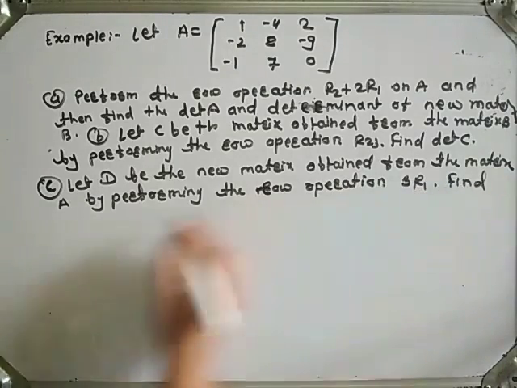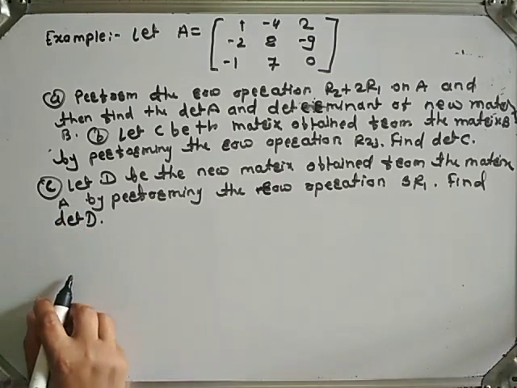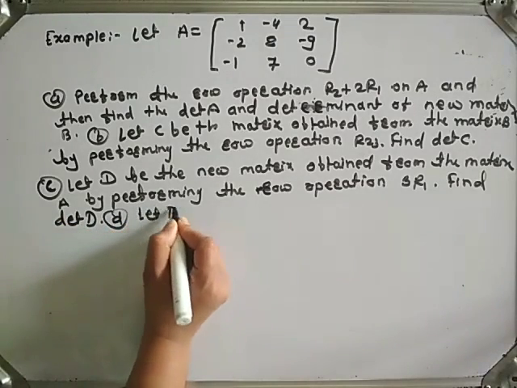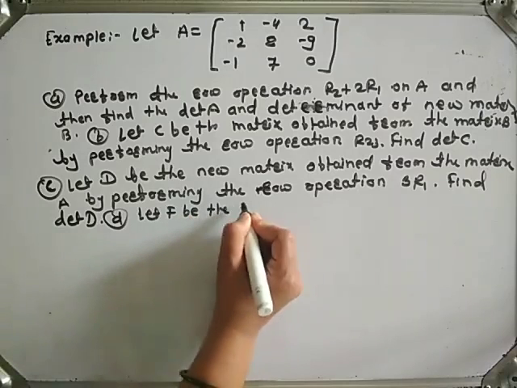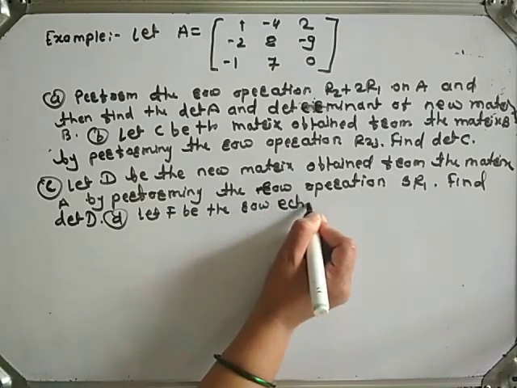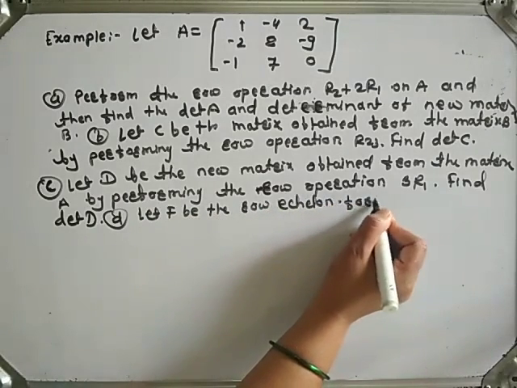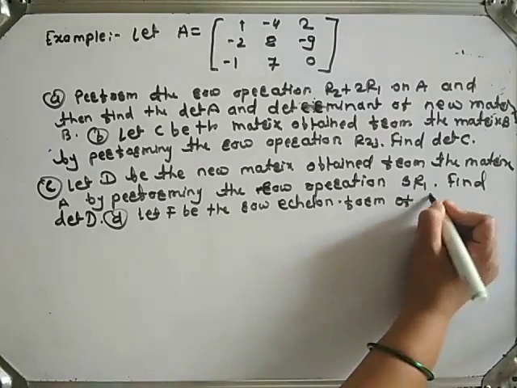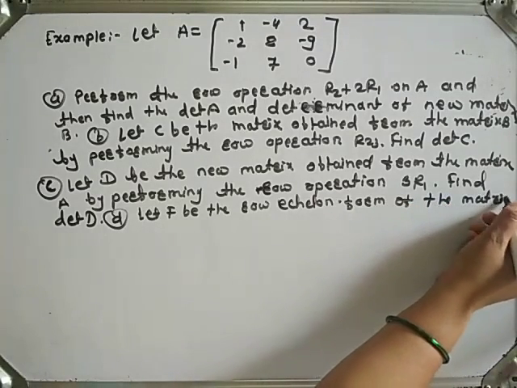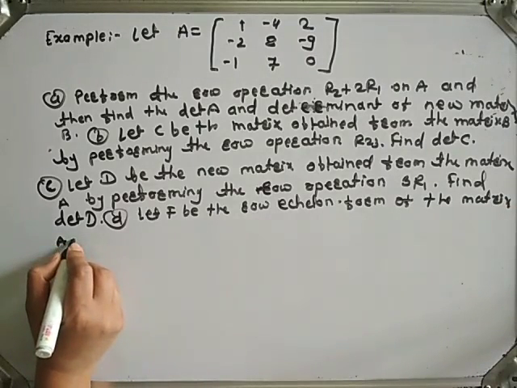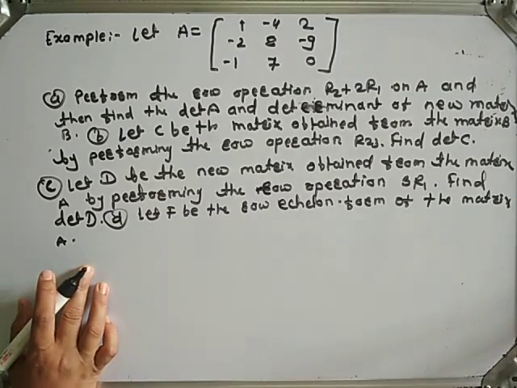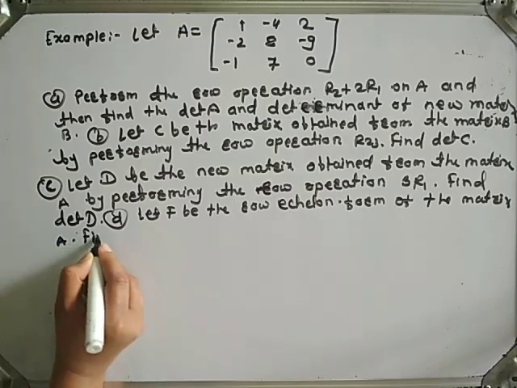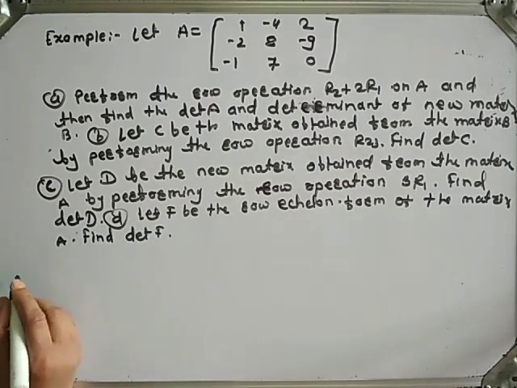Find determinant of D. And D is, let F be the row echelon form of the matrix A. Row echelon form of the matrix A. Find determinant of F. Okay. Solution.